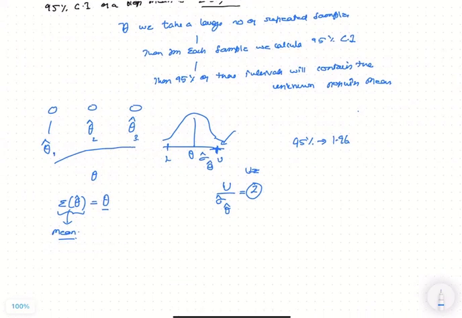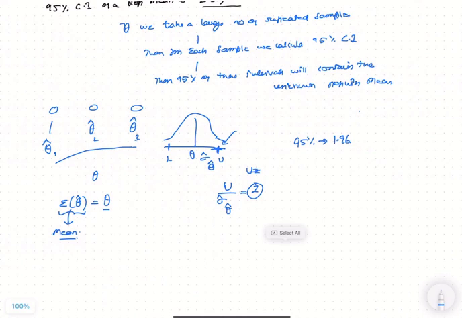We typically take half, because there is an upper and a lower, and that's why it's z alpha half. And then u is nothing but z half times sigma hat theta hat. That's your upper u, and the same thing is going to be with the l, which is theta hat minus z half sigma hat theta hat.